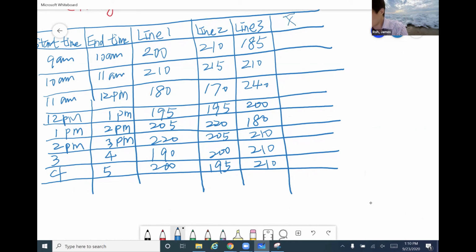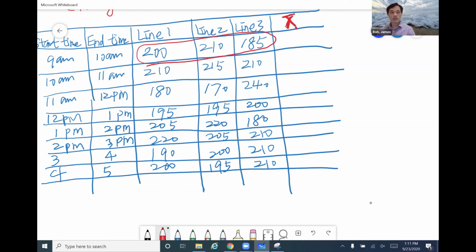Let me use a different color. X bar is simply the average of these three things. So 200 plus 210 plus 185 and divided by 3, that will give you the value.